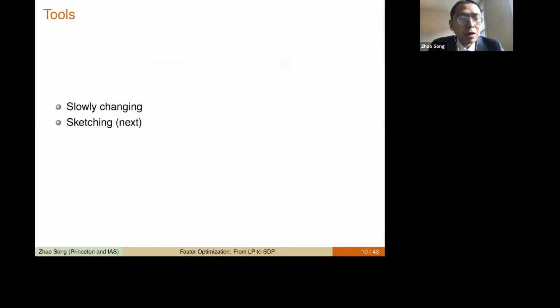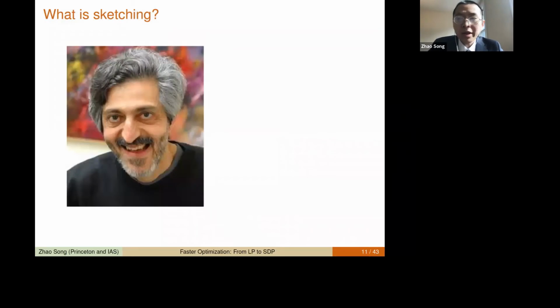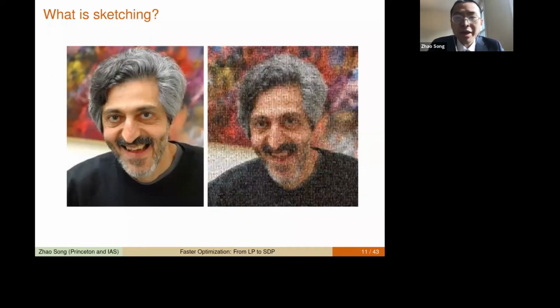Okay. So now I will tell you the idea of sketching. If you Google this word, usually it means you are given a picture and you draw some boundary or something. Here is a picture, and one sketch could be another picture where every pixel is its co-author.